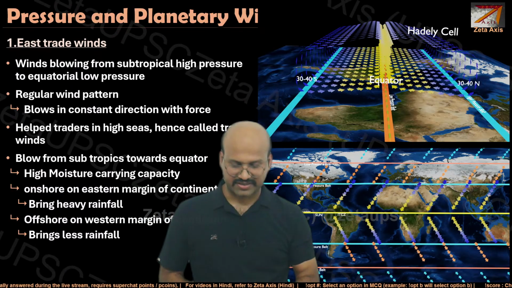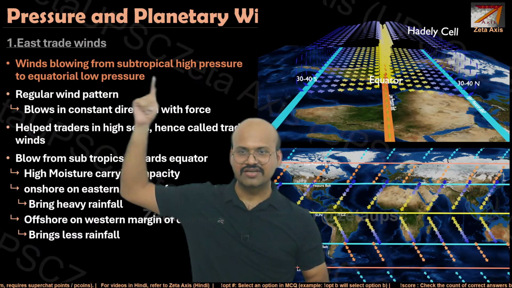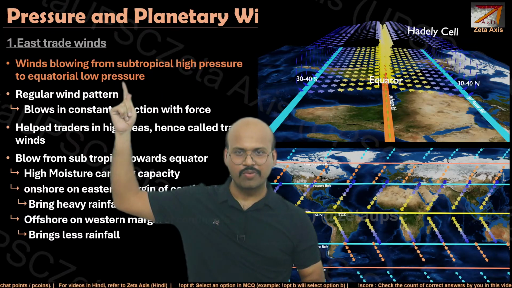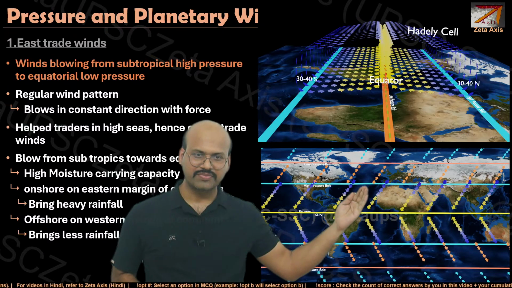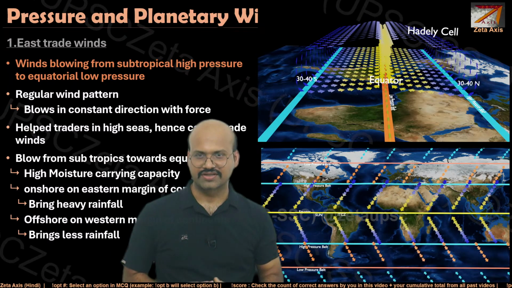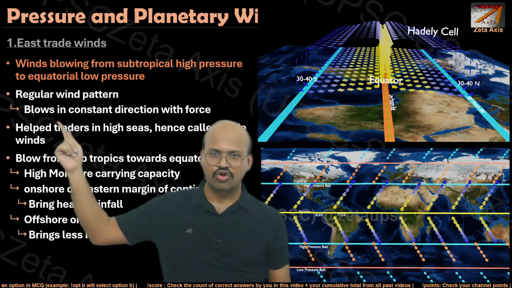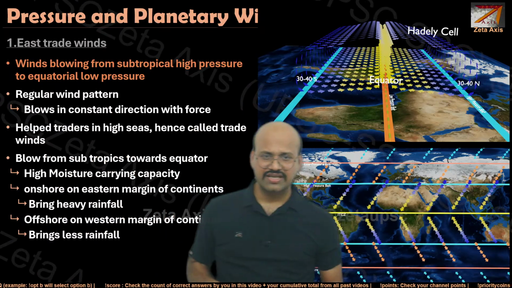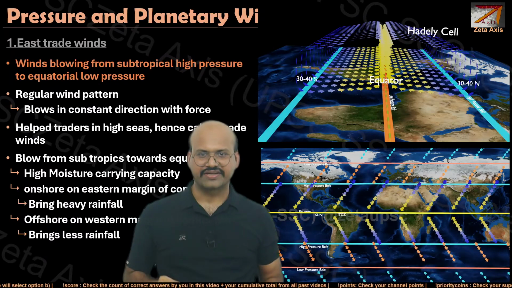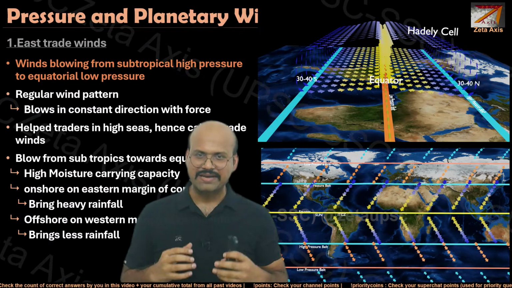Now if we see the characteristics, we can see that these are winds blowing from the subtropical high pressure to the equatorial low pressure. It is a very regular wind pattern and it blows in a constant direction with force. So these are very constant winds which continuously flow throughout the year in the same direction.